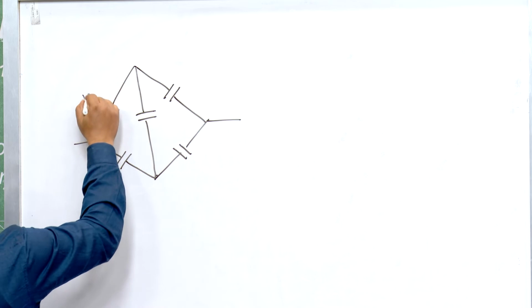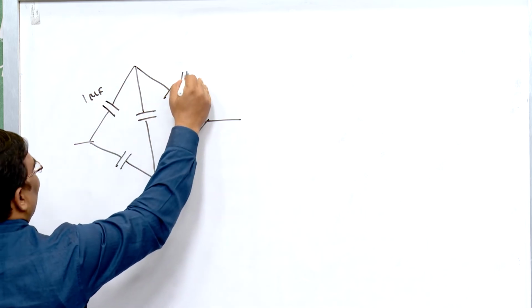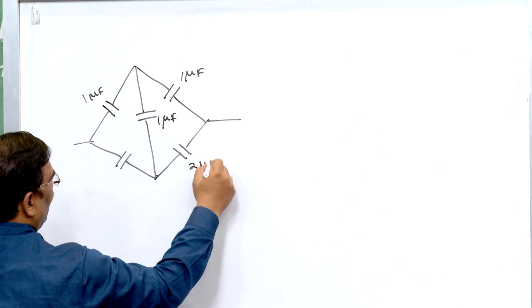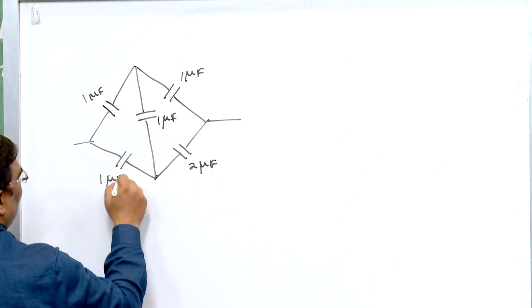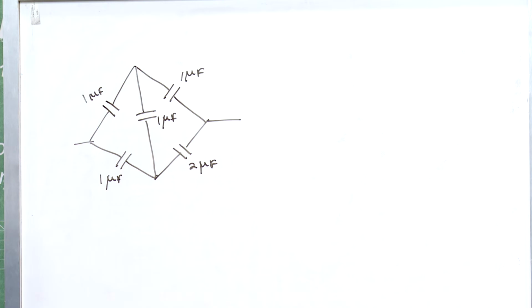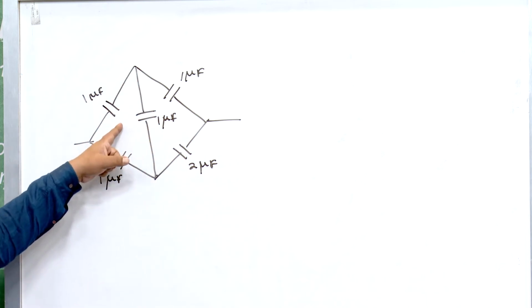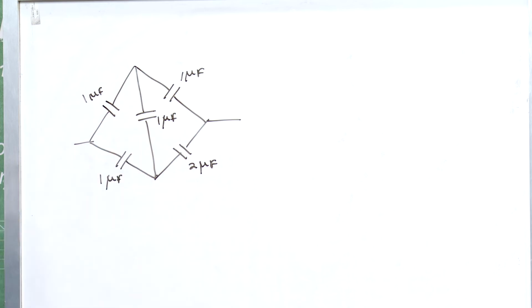Suppose this is 1 microfarad, 1 microfarad, 1 microfarad, this is 2 microfarad, and this is 1 microfarad. This bridge is also unbalanced. This is a Wheatstone's bridge of capacitors, and this is also unbalanced.